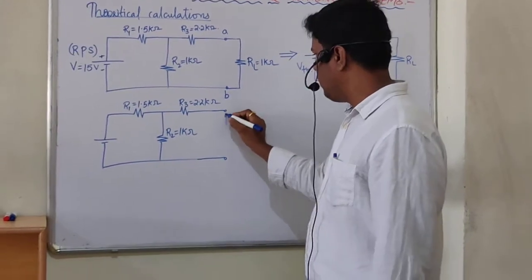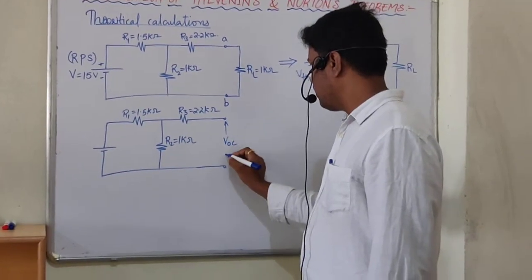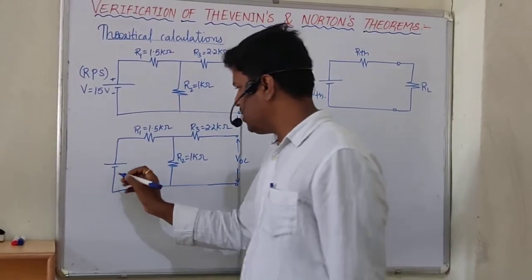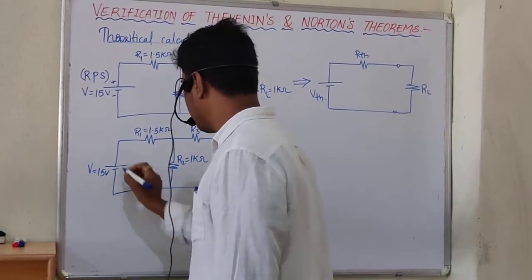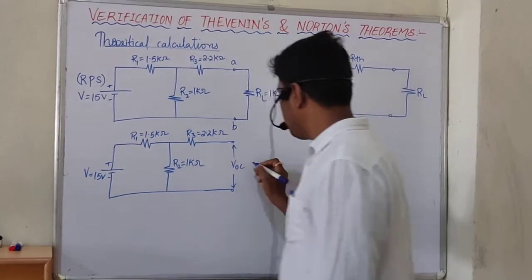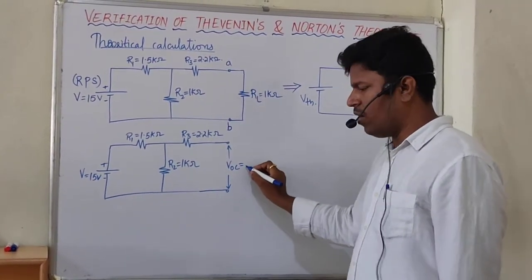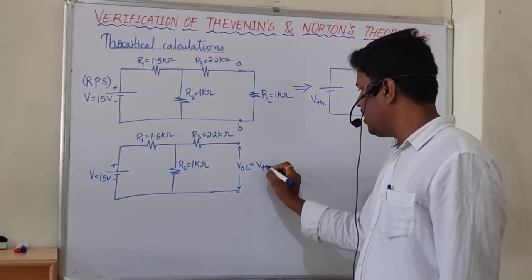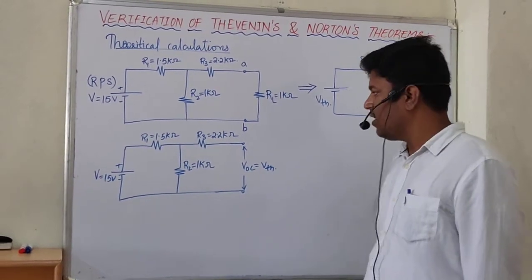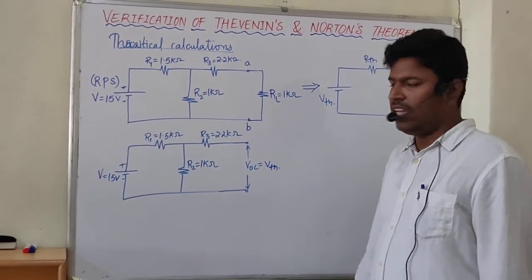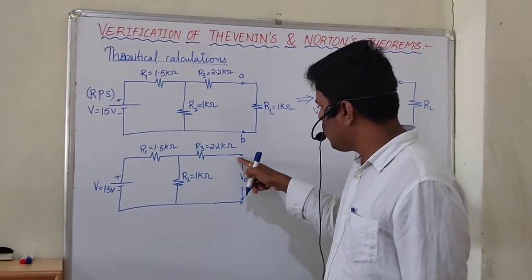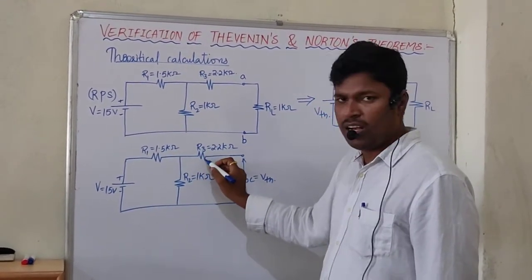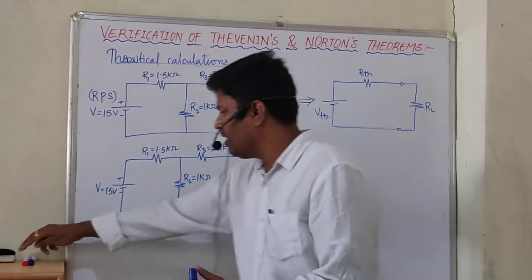Here we have to see the voltage by giving 15 volts. Right? So this open circuit voltage is nothing but Thevenin's voltage. Right? So how to get this voltage? If we know this is open circuit, current won't flow in this path.